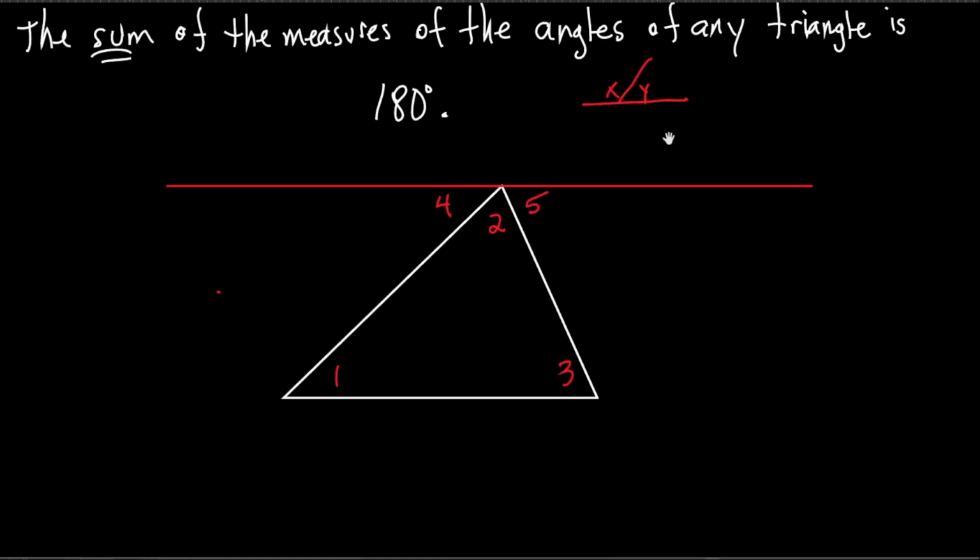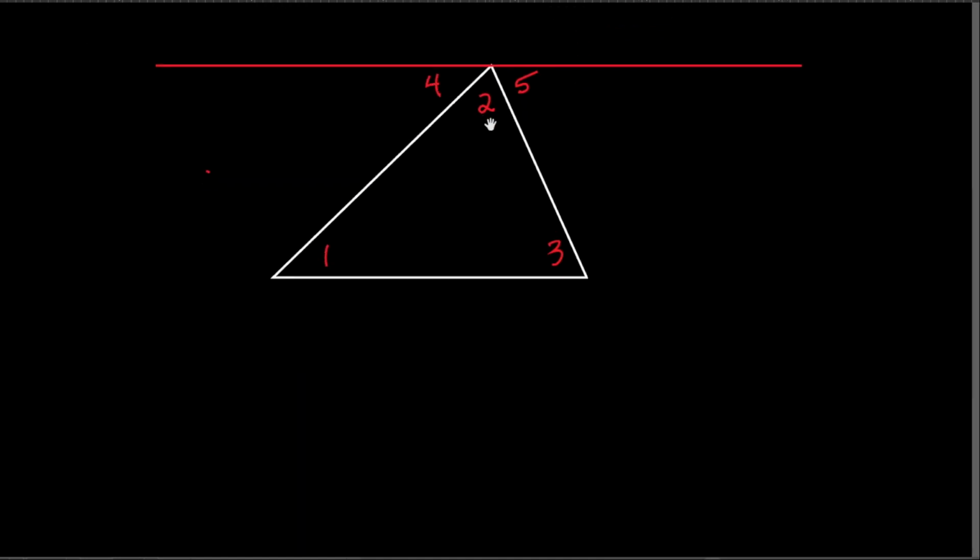So if x plus y equals 180, tell me something about 4, 2, and 5. They add up to 180, right? Again, follow my train of thought. I said if those two add up to 180, then these three add up to what? 180, okay? And it is true. You're not wrong saying they're supplementary, but I just want you to follow my train of thought. So let's write that down.